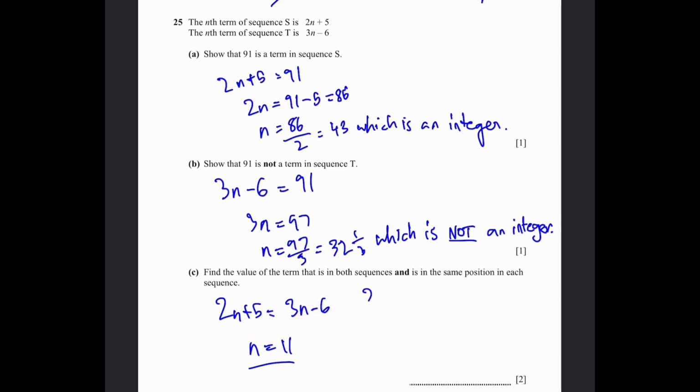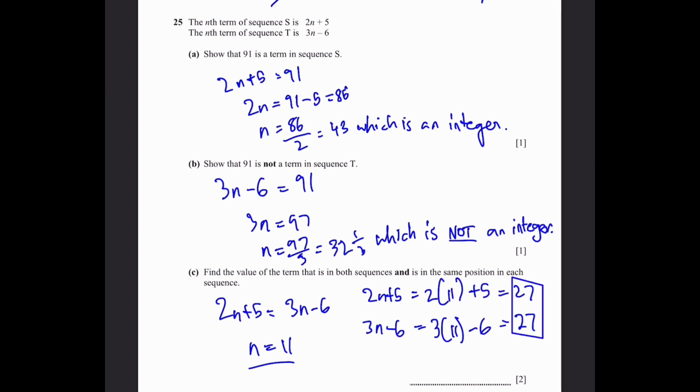And now for 2n plus 5, we substitute 11. 2 into 11 plus 5, which is equal to 22 plus 5, 27. Now for 3n minus 6, it's equal to 3 into 11 minus 6, which is 33 minus 6, also 27. They both are the same thing, so the answer is 27.